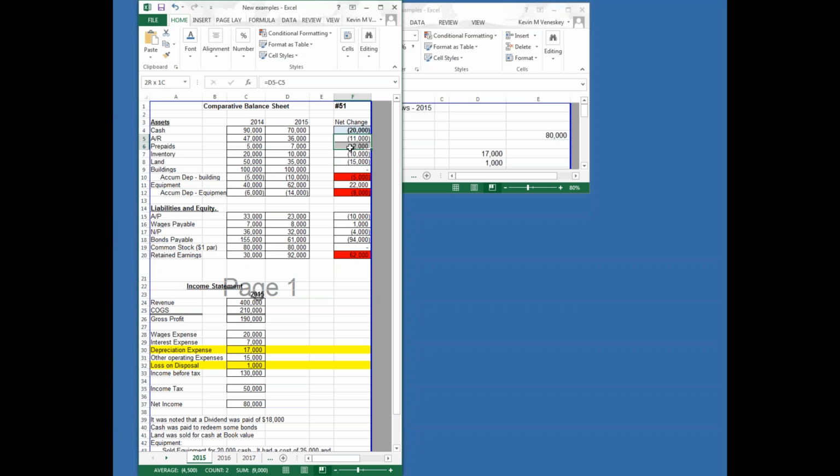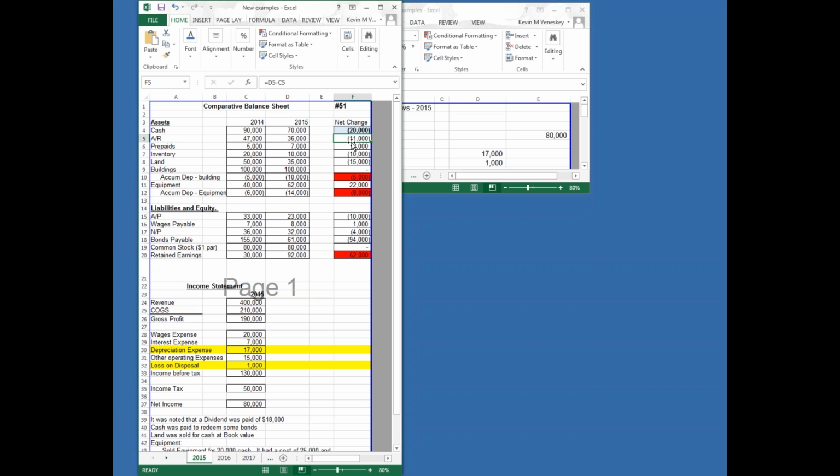All right, let's go to my current assets. AR went down for the year, 47 to 36. One of the primary reasons why AR goes down is because cash was received.